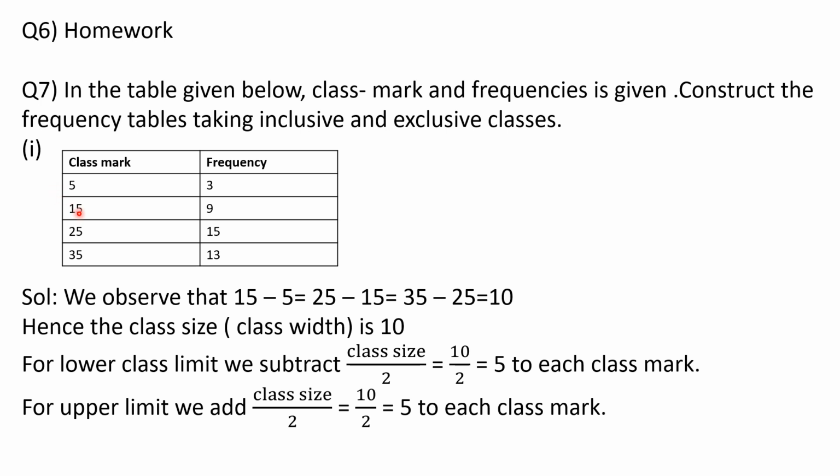Then if you see the next class mark given, 15, 15 minus 5 will give you 10, and 15 plus 5 will give you 20. This way we'll do our table. Here I've done the table for exclusive classes.